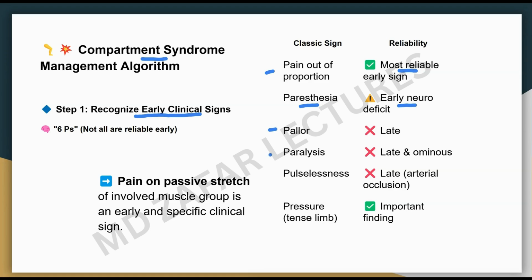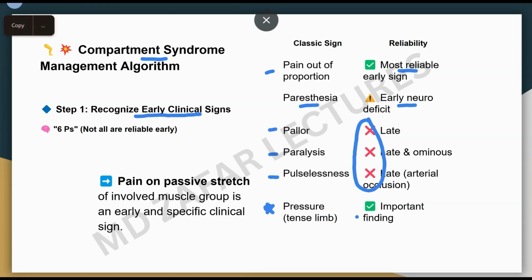However, paralysis and pulselessness are late signs. You cannot rely on these signs to diagnose your case because it will result in irreversible damage to the lower limb or any area which is involved as a compartment. Now, the second important point is the pressure in the compartment.